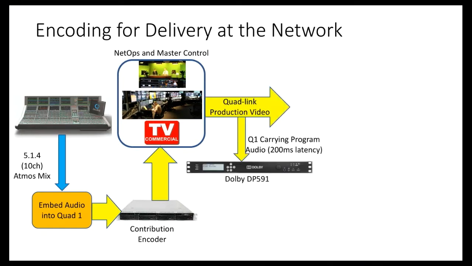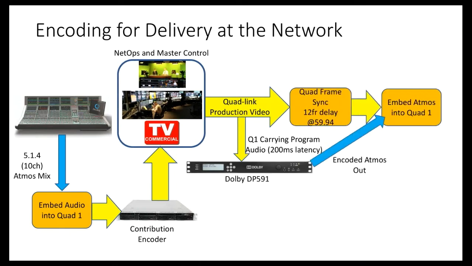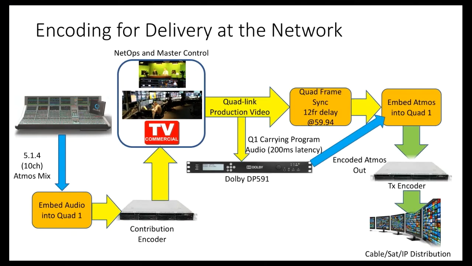In this case, you would take the presentation audio and relay the first quadrant that contains that audio to your 591 for encoding to the Atmos format. Again, delay the video, embed the Atmos audio into quadrant 1, hit your transmission encoder, and then deliver to your cable or satellite distribution partner.